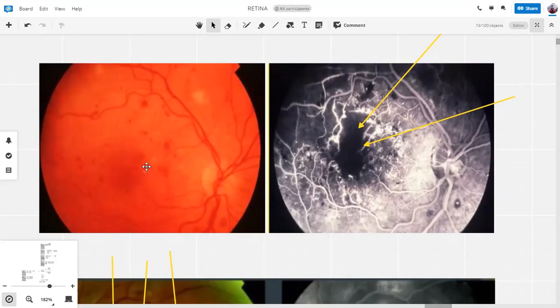Because there are hard exudates within 500 microns of the fovea of the macula. And we can see that the normal foveal avascular zone is present, but there is an increase in the avascular zone superiorly. So this is ischemic maculopathy.